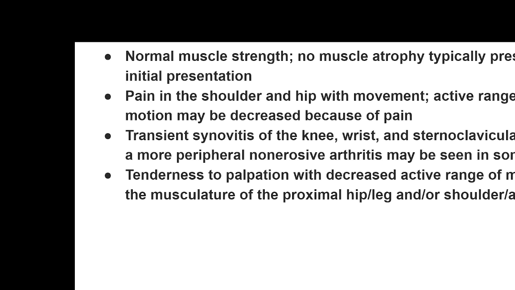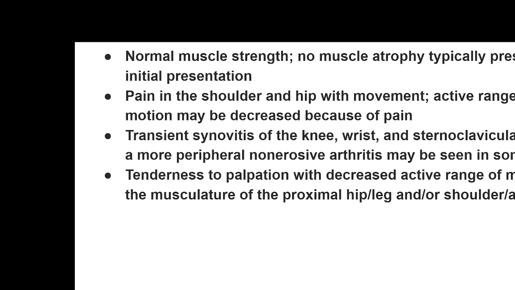Transient synovitis of the knee, wrist and sternoclavicular joints, and more peripheral non-erosive arthritis may be seen in many cases. Majority of the patients in whom we make the diagnosis of reactive arthritis would have this kind of presentation, where radiologically everything is normal. Clinically there may be a moderate tenderness at the joint area, but no definite effusion.